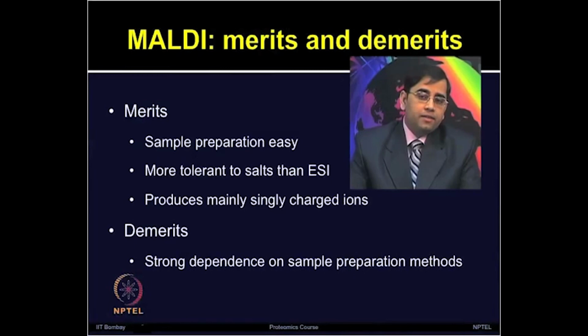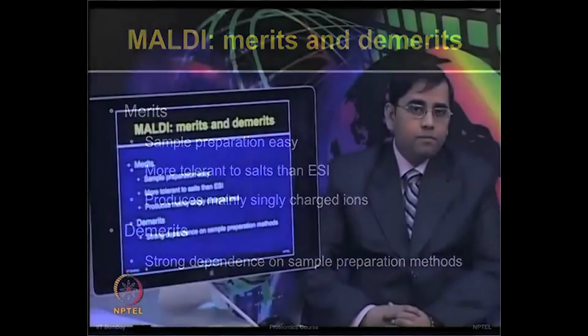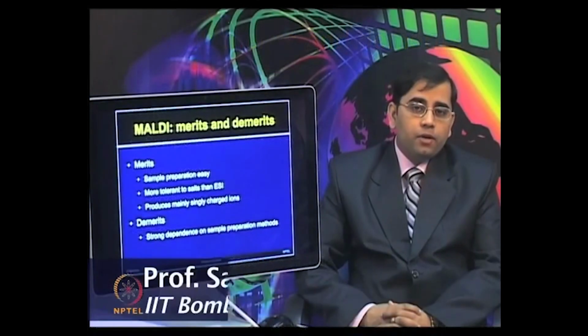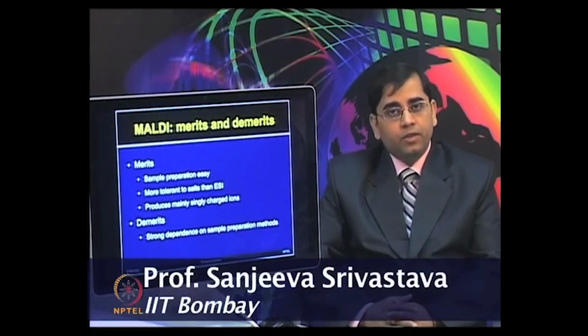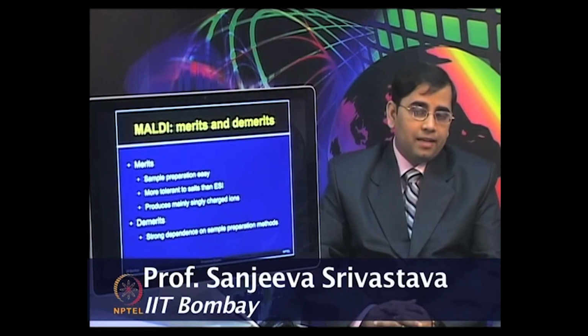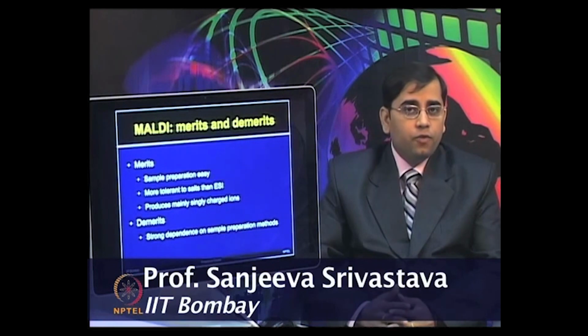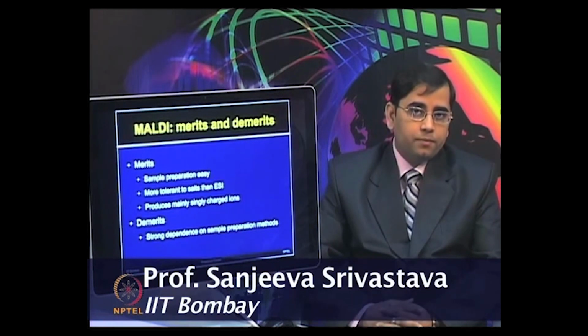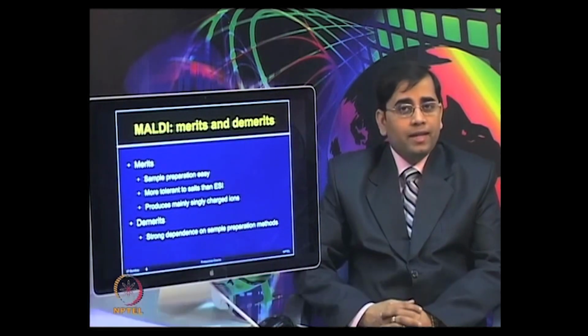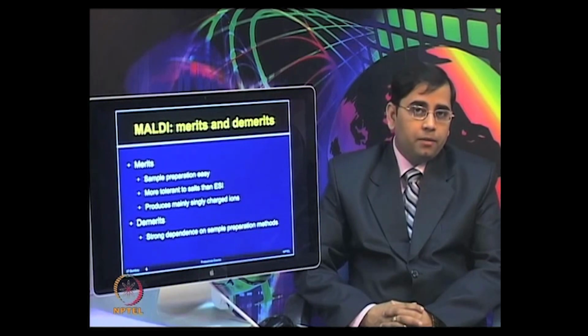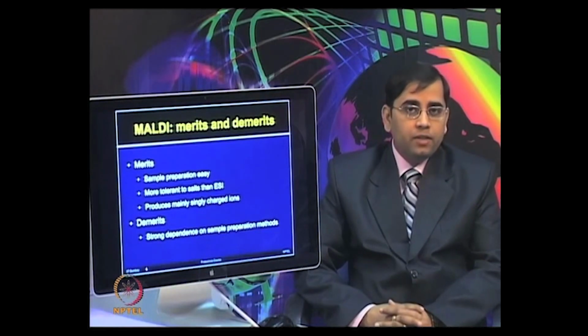The single charge characters can result in some molecules having large mass to charge values. So, therefore, the MALDI is typically integrated with the TOF mass analyzers, which can provide the m/z range for the large ions as well. Now, these are various merits of using MALDI. Obviously, it has to be connected with the TOF.